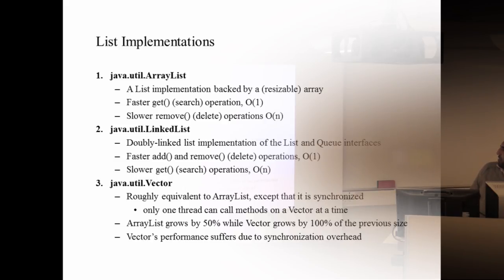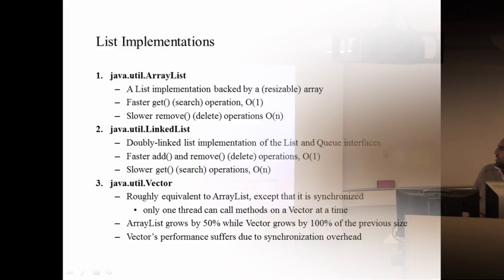Another difference is that since ArrayList is an array-based implementation, the get or search operation is quite fast. Its time complexity, in the big O notation we use for the time complexity of a data structure or implementation, is almost constant, O(1), so it's quite fast.